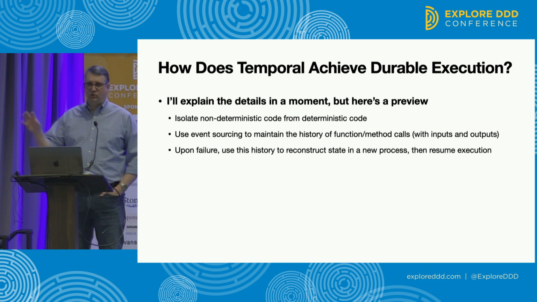Not all of them, but the ones that matter to the state of your application. And it keeps track of the inputs and the outputs of each one of those calls. And upon failure, it uses that history, the result of all these calls, to reconstruct the state in a new process, and then it resumes the application.